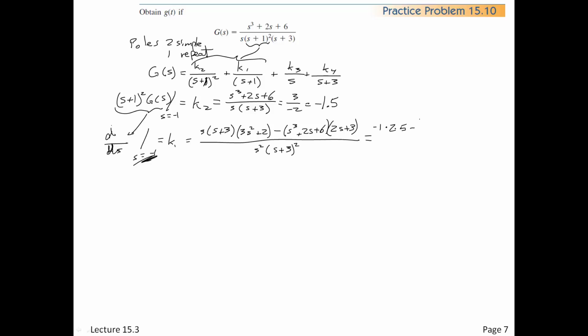Minus s cubed, which will be a minus 1, plus s squared, and here I've got minus 1, this is minus 2, and that's 6. So 6 minus 3, I've basically got 3 out of that first term. And 2 times minus 1 is minus 2.